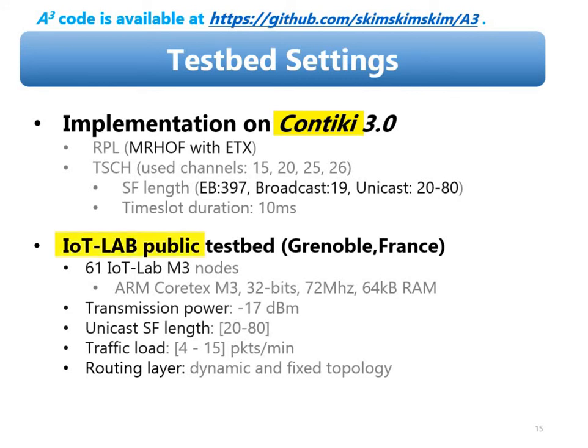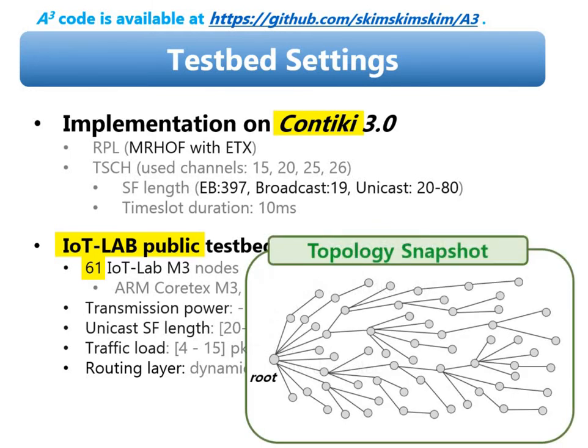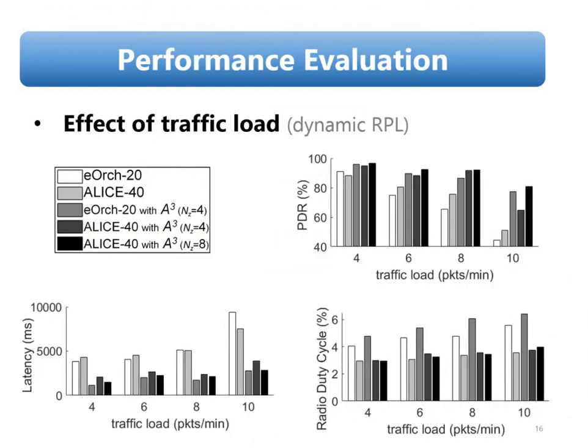We used the IoT-LAB public testbed located in Grenoble, France, and used 61 IoT-LAB M3 nodes. This figure shows a snapshot of a dynamic RPL topology during the experiment. I will share some of the results in this presentation. In this experiment, we evaluated performance by traffic load.